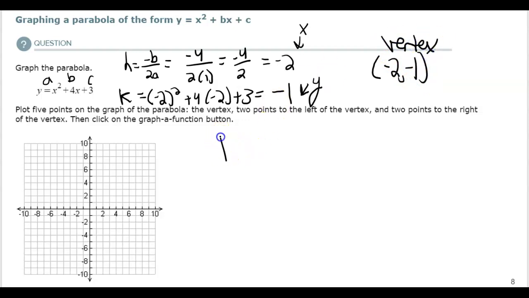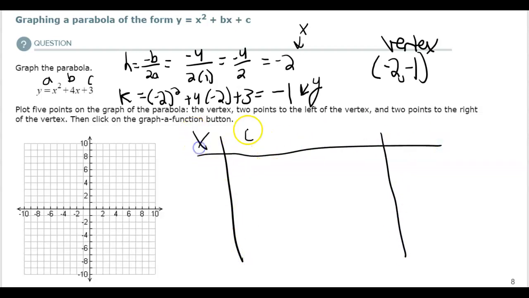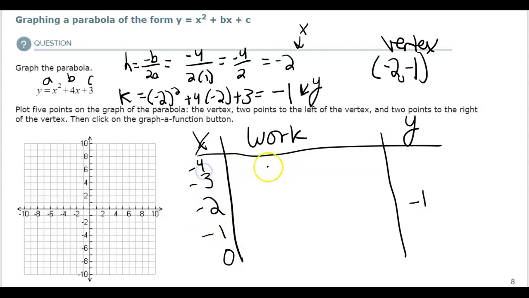And based on that, I can go ahead and make my chart. It asks for 5 points. 2 to the right and 2 to the left. So I'm going to put my negative 2, negative 1 in the middle. I'm going to go 2 above and 2 below.